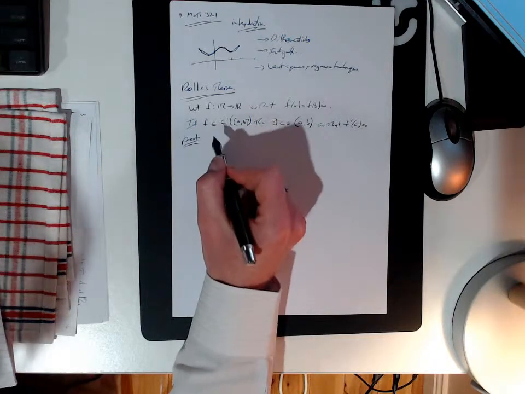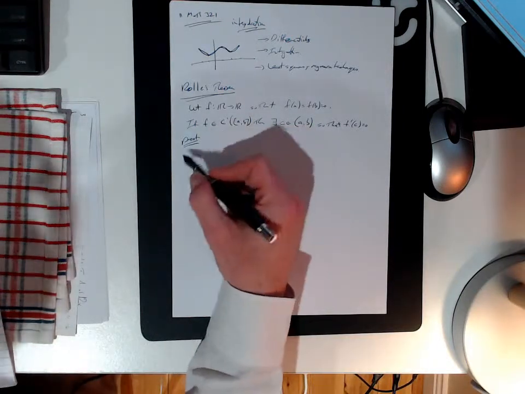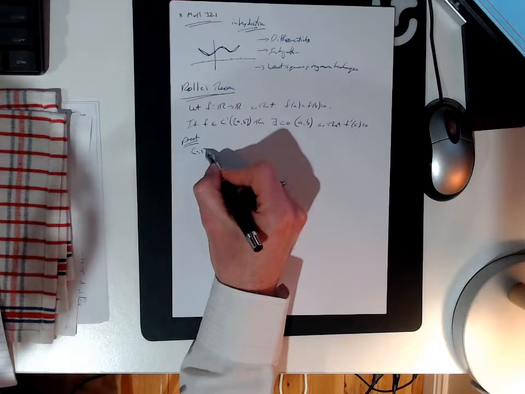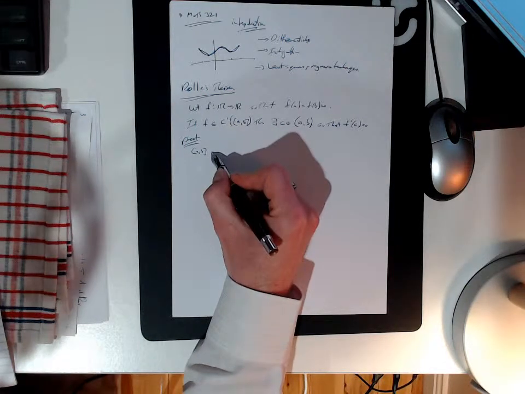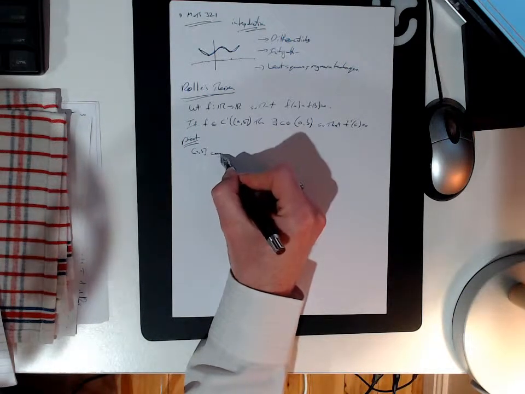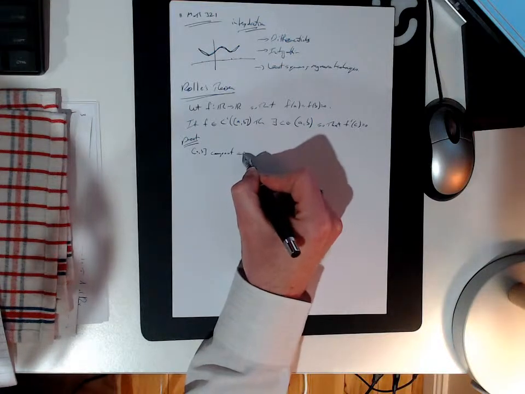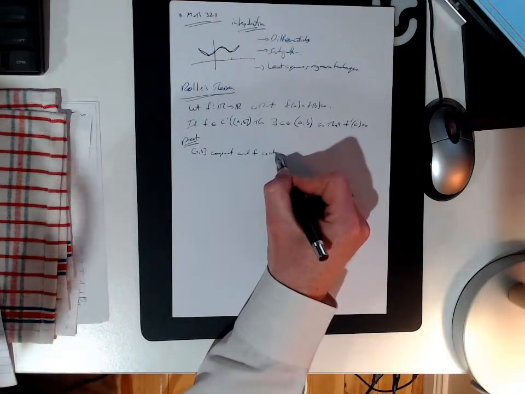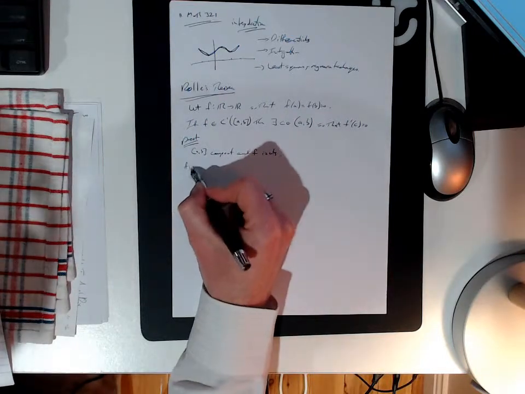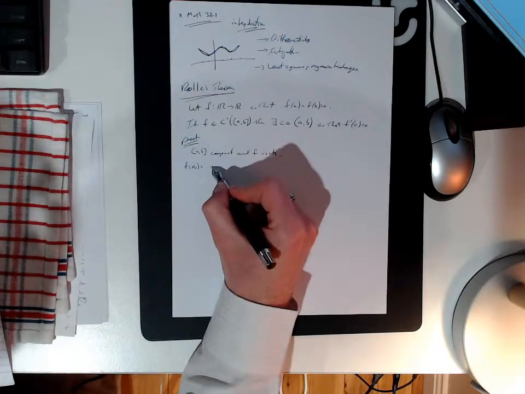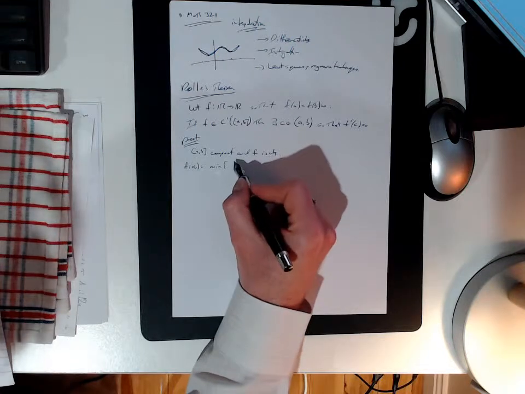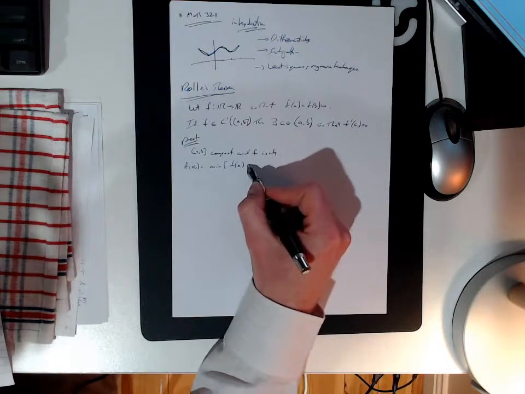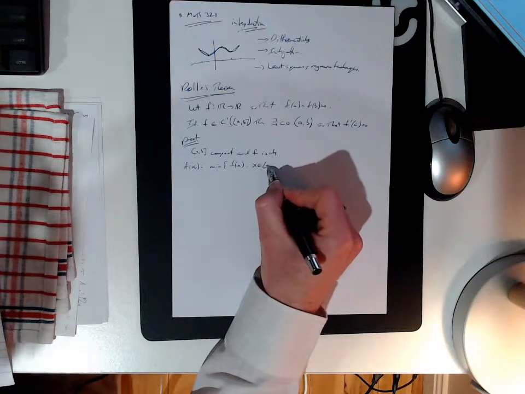The proof, if you've done a real analysis course, follows from the fact that [a,b] is compact, and f is continuous. So we let f(x0) equal the min of f(x) for x inside [a,b].